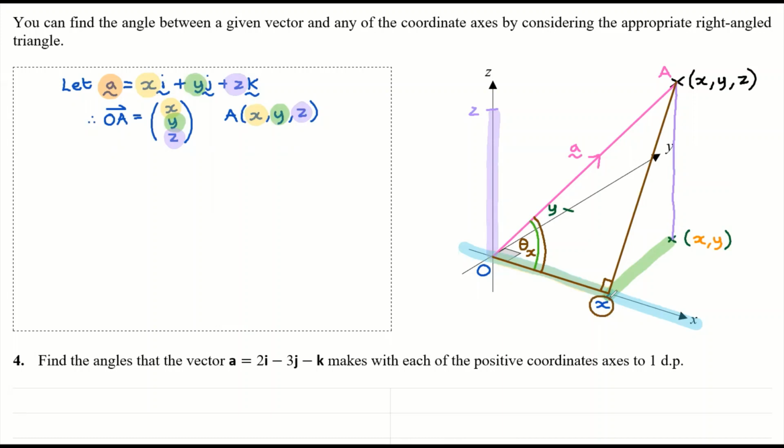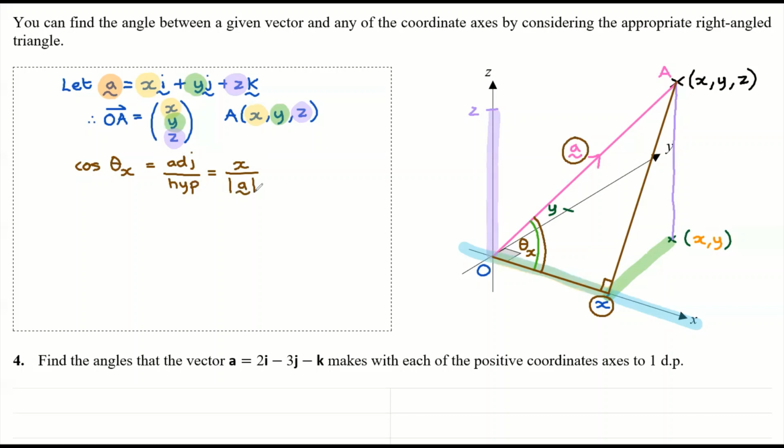And to get the hypotenuse, I can just simply take the absolute value of this vector A. So hopefully it's clear that if I want to find the cosine of theta x, it's going to be the adjacent over the hypotenuse. And remember, these have got to be distances. So x is a scalar. Okay, it's not a vector quantity. It's going to be x over the magnitude of my vector A.